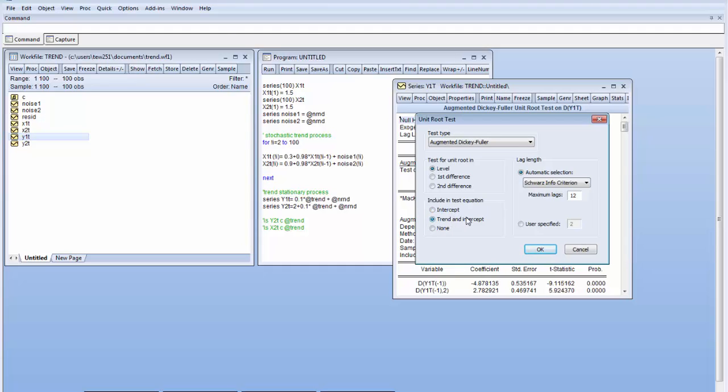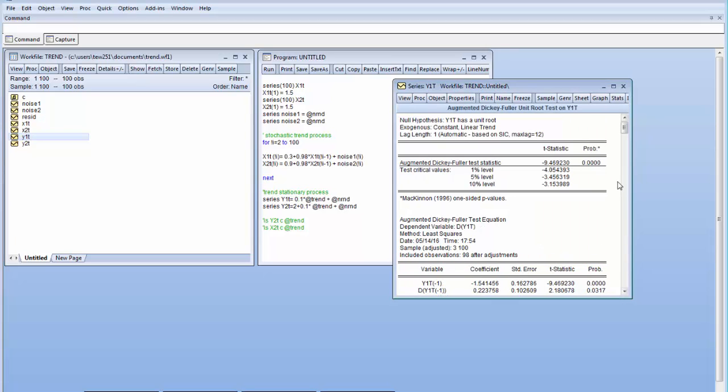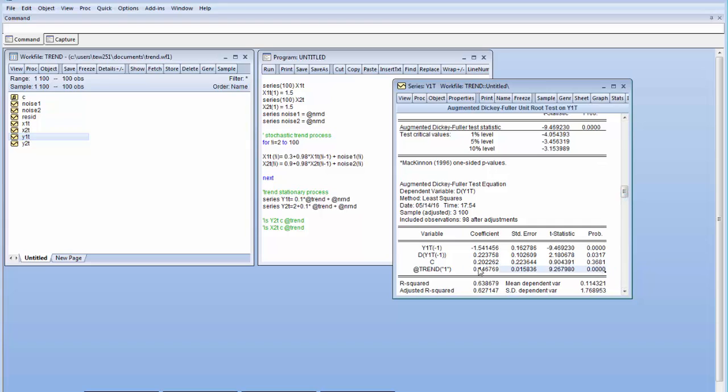But this one is important because we include a trend here, and this is simulated data, and I know that this is a trend stationary process, but you will not know it if it's real data. So include the trend, but at levels, notice this is levels. And notice what happens. You're rejecting the unit root process in favor of stationarity with a linear trend. Now, this is a very important part. Notice the trend term is very significant, highly significant.